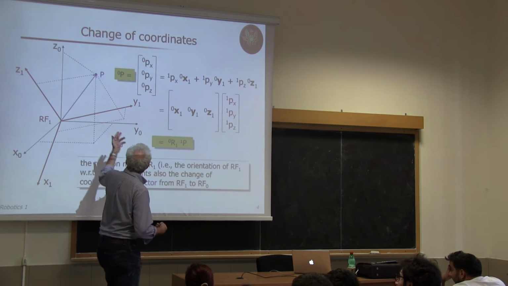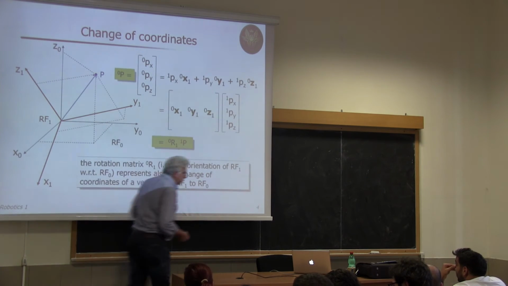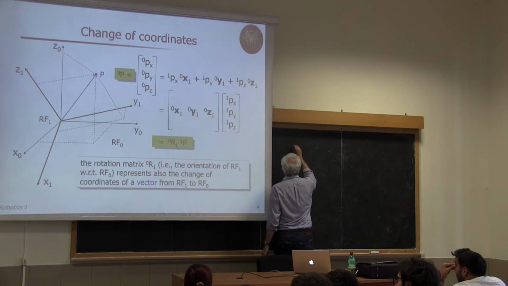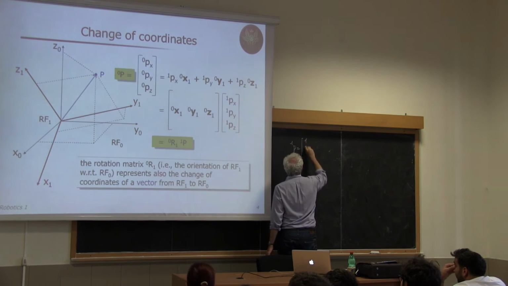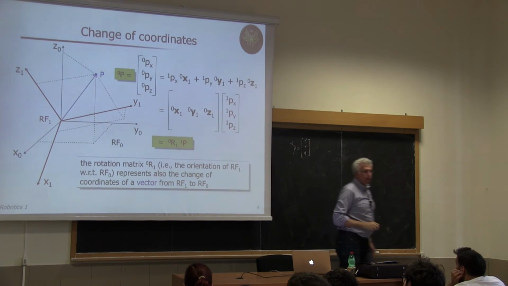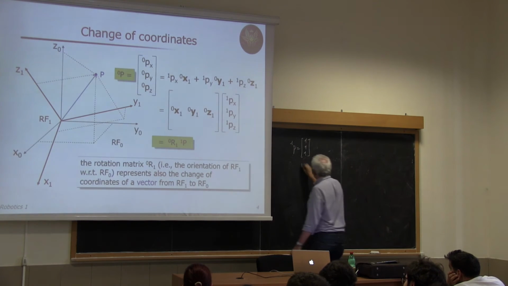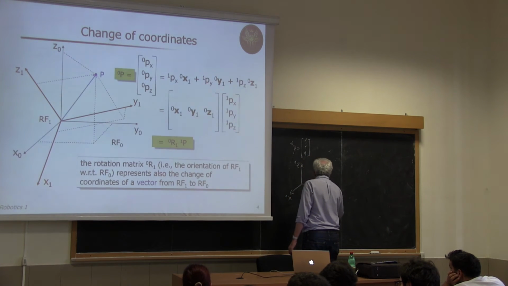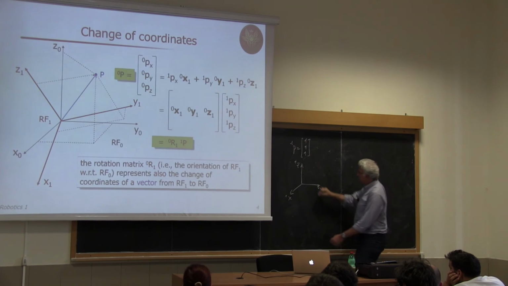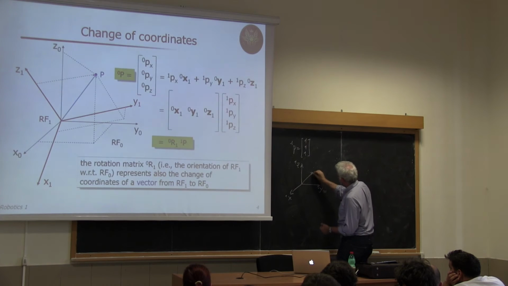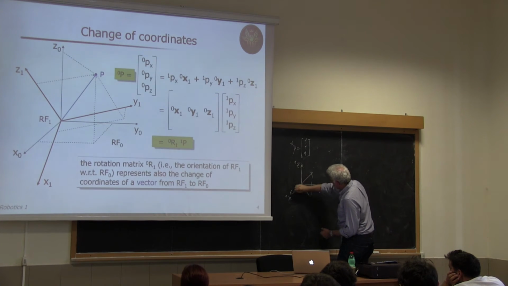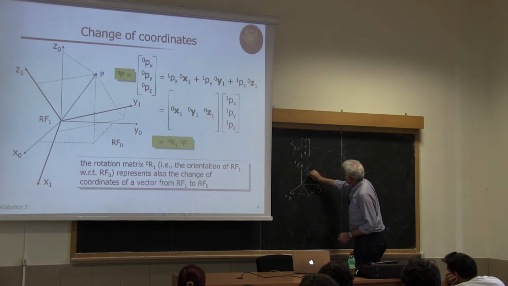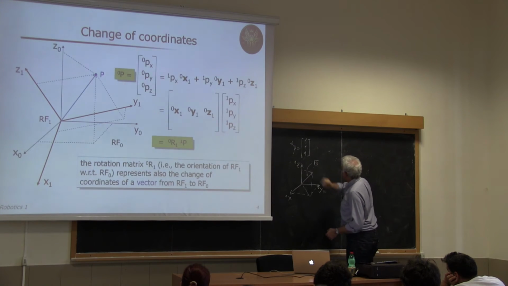So for instance here, suppose that you know a vector in frame 1, and this vector is just P1 is 1, 1, 1. Okay? So if I want to represent this in x1, y1, z1, this would be a vector which comes out like this, and its length would be square root of 3.